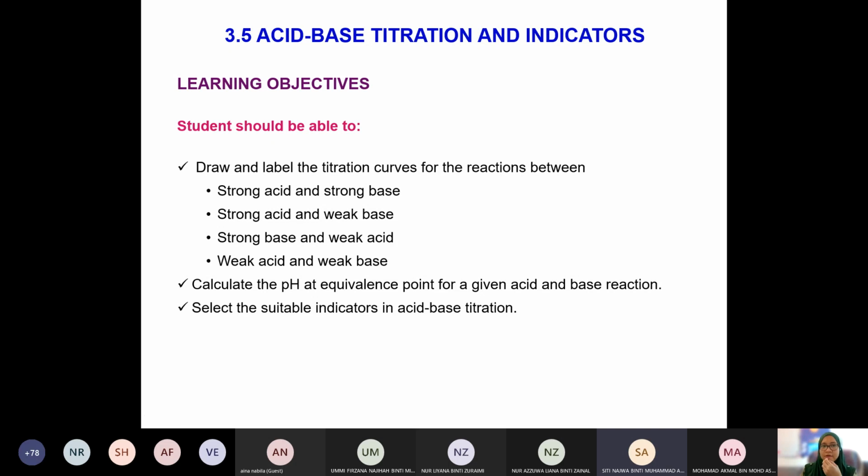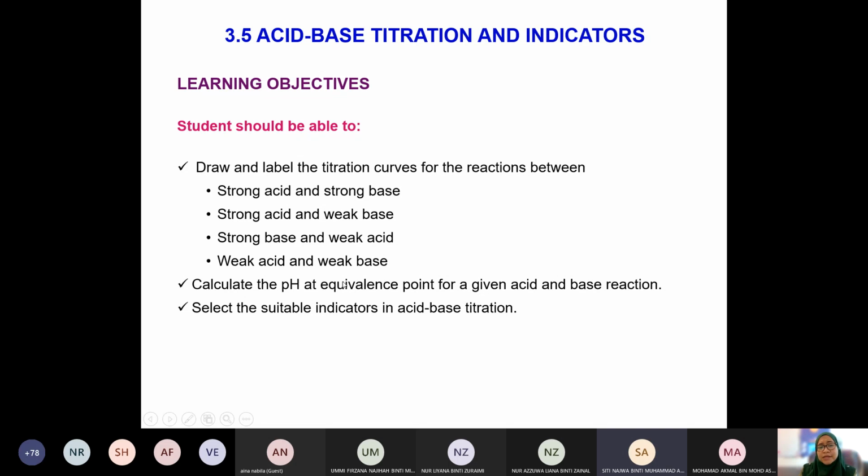For this one, the learning objective is to make sure that you are able to draw and label the titration curve for the reaction between strong acid and strong base, strong acid and weak base, strong base and weak acid, and weak acid and weak base. So it depends on the pairing of the acid and base. It can be paired strong and weak, strong and strong, weak and weak. It doesn't matter.